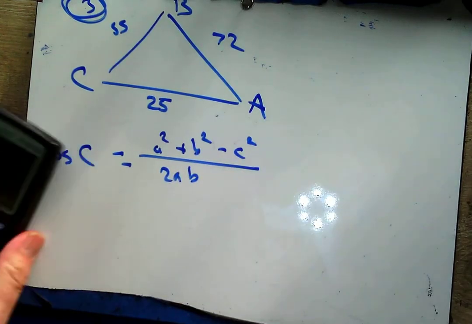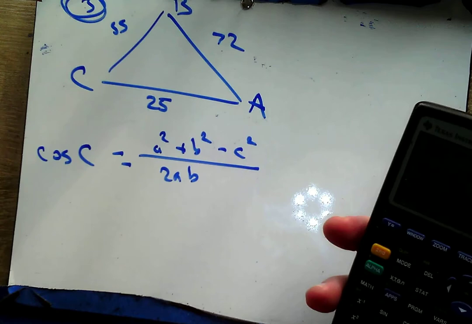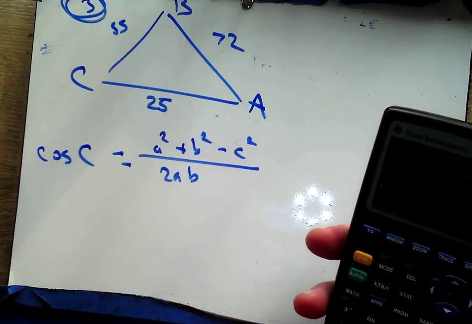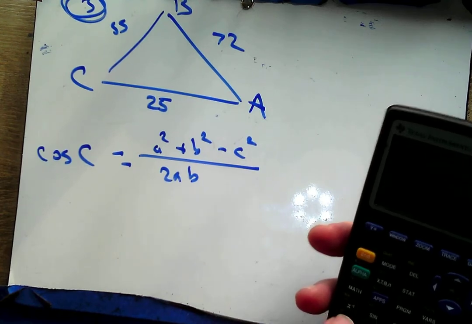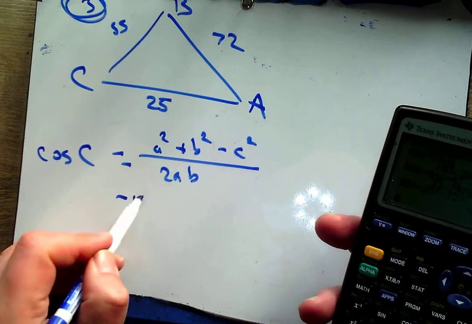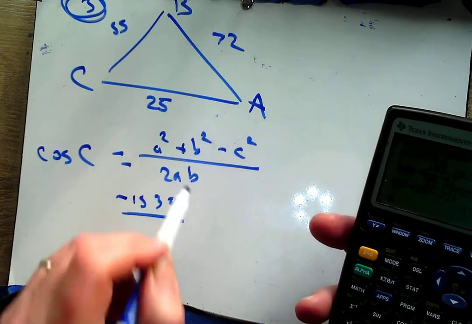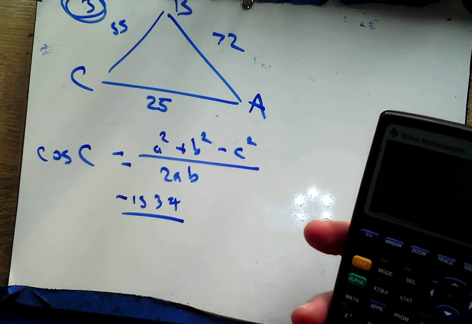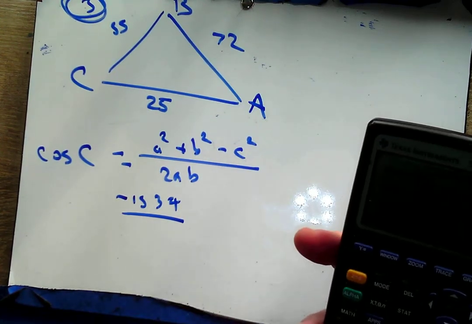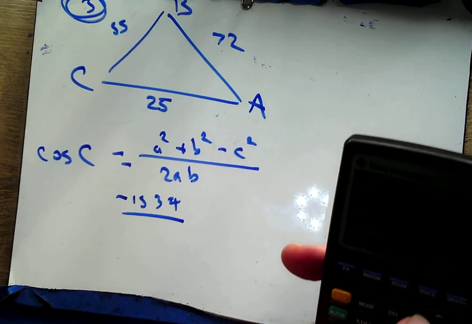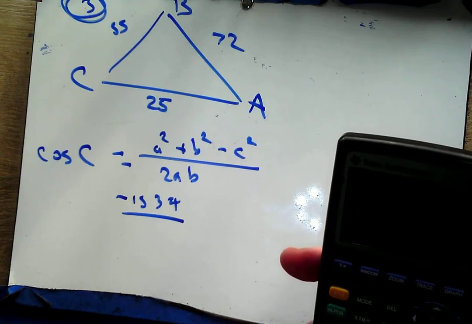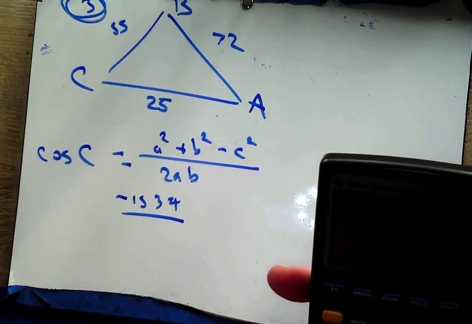All right, let's go. There's our A, 55 squared plus 25 squared minus 72 squared. I end up with negative 1534 on top. And on the bottom, 2 times 55 times 25. Second answer divided by, whoa, that's not what I want.